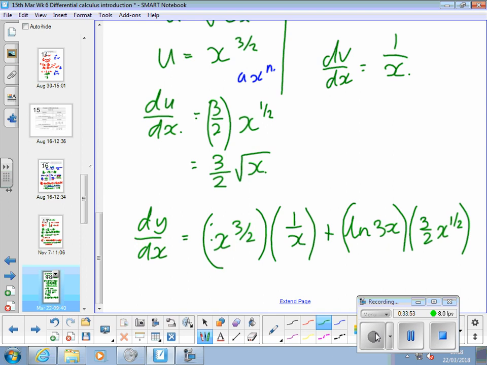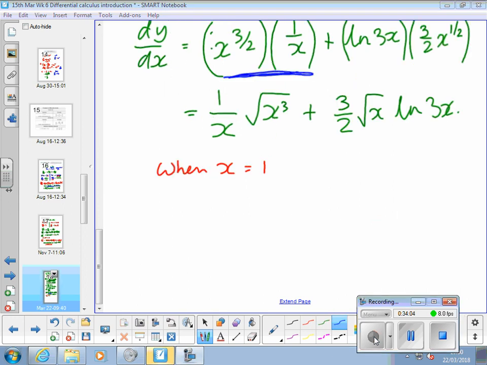You managed to get it, Nathan? You can see it, can you? Right, that's x to the 3 over 2. We could write that over 1 multiplied by 1 over x.